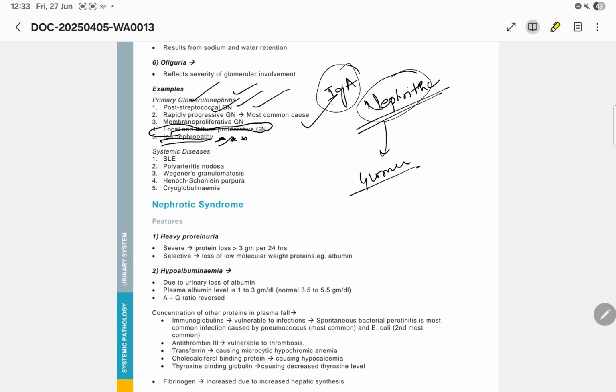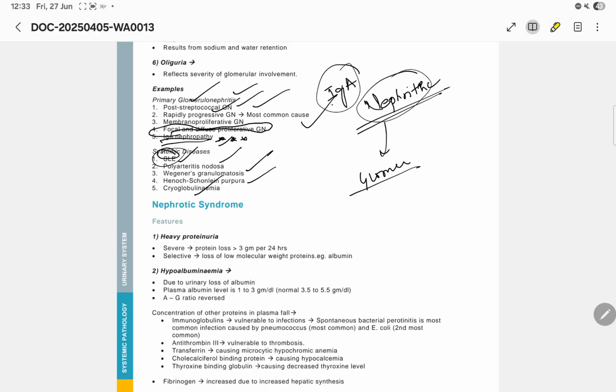Then we can also see nephritic syndrome in some systemic diseases like SLE, polyarteritis nodosa, Wegener granulomatosis, Henoch-Schönlein purpura, and cryoglobulinemia.